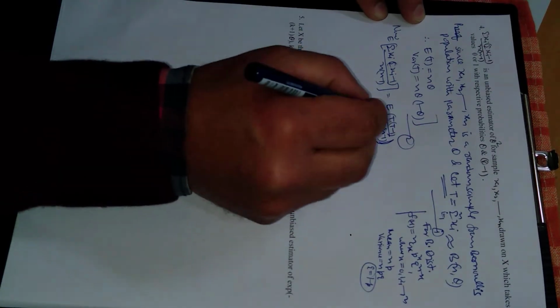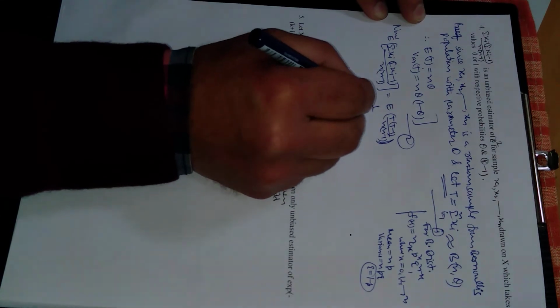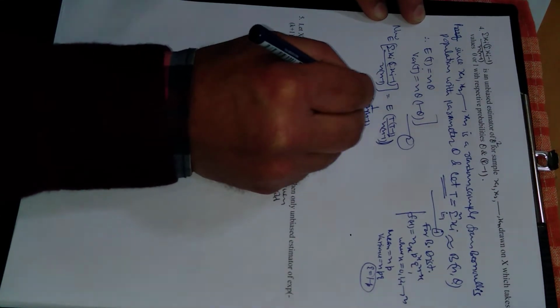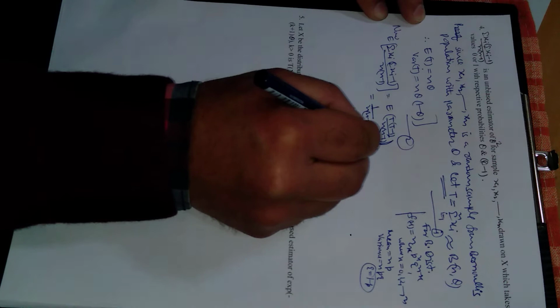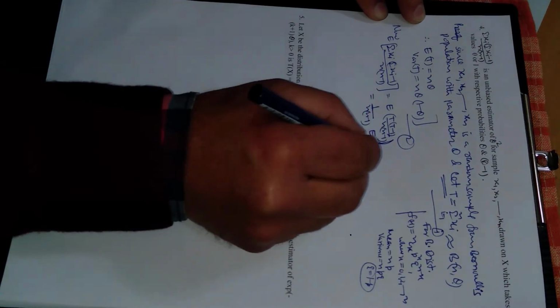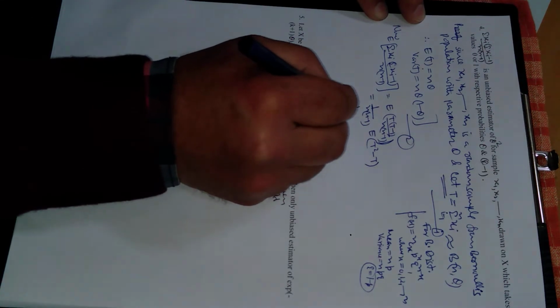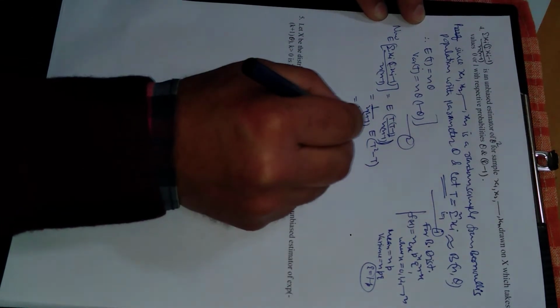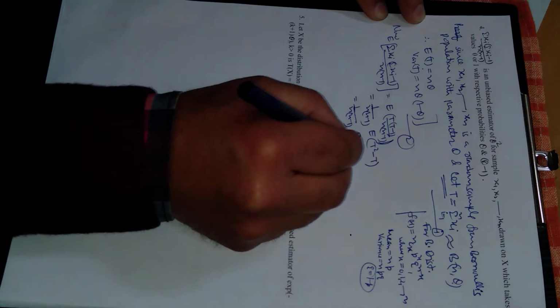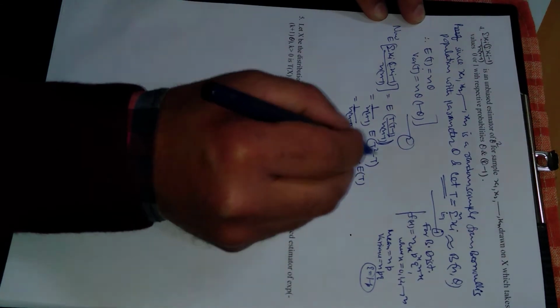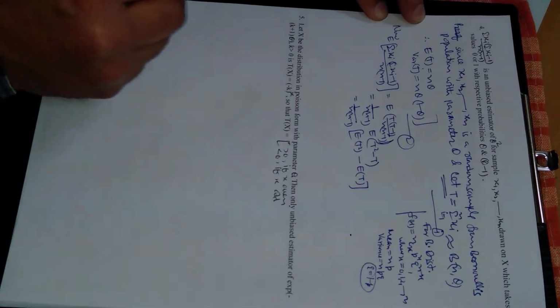Now using the linear property of expectation, n into n minus 1 is constant, so inside will be e of t square minus t, multiplying t inside. So this can further be written as 1 upon n into n minus 1, e of t square minus e of t, right?